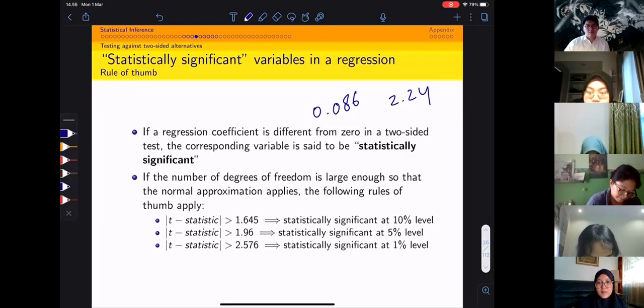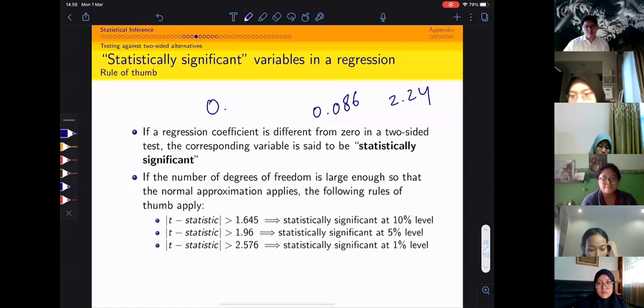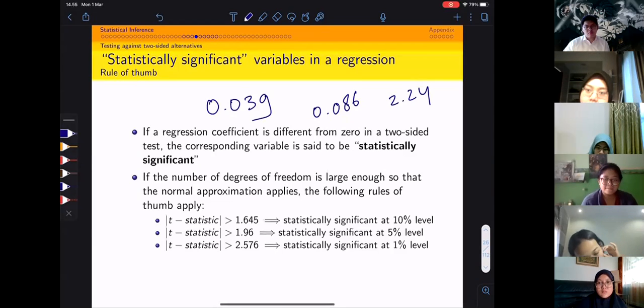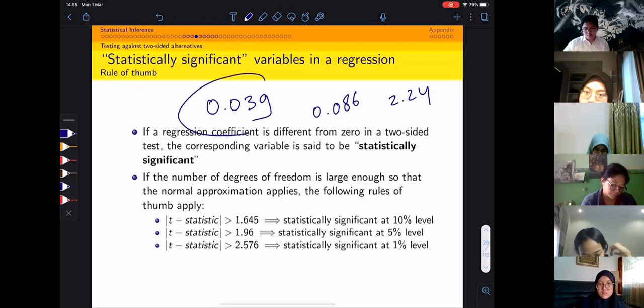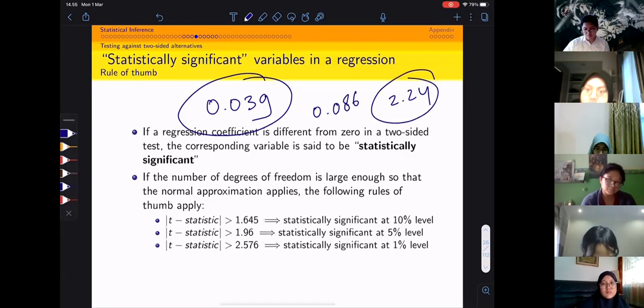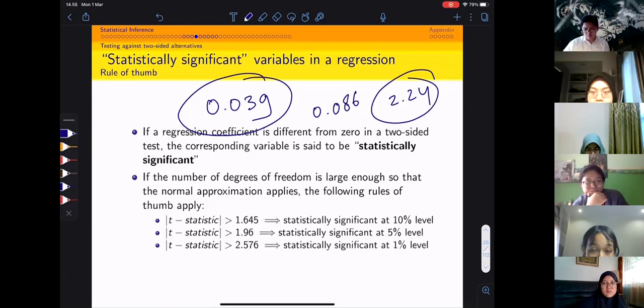It could be that the number is 2, but it's not statistically significant. But it could be a number that is 0.039, but it's statistically significant. In other words, 0.039 is actually different from 0. How can we conclude that 0.039 is different from 0, but that 2.24 is not different to 0? Because of the standard errors.